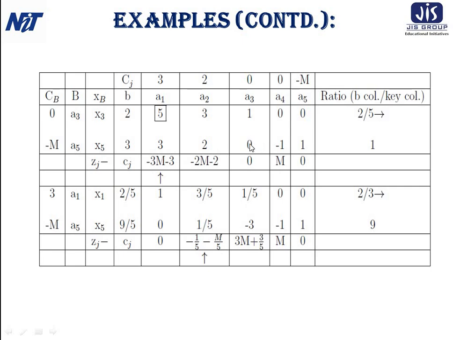This is 0. 0 minus, and this is again minus. So minus of minus plus 3 into this 9. So here we are getting, what is the second element? 0 minus 3 into 1 by 5.